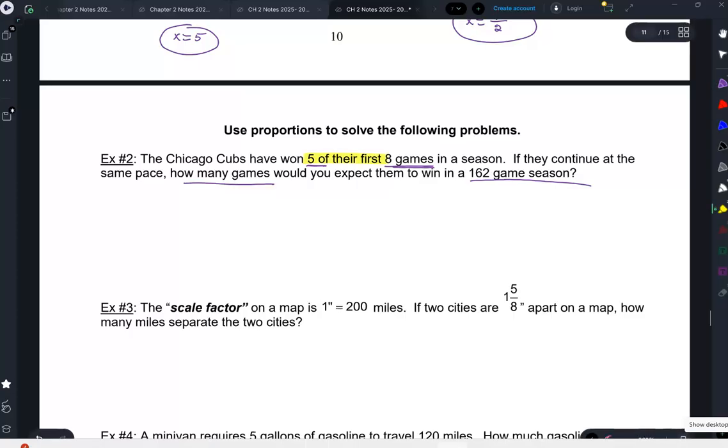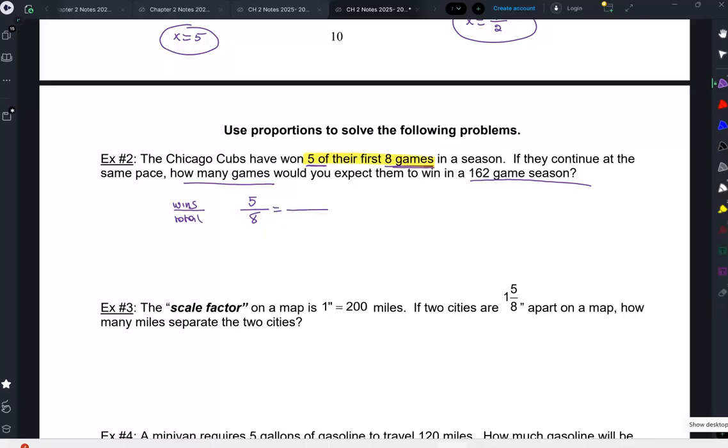Well, so we have to do it mathematically. First, I have to write a proportion. So this is going to be 5 to 8. Now, here's what's important. You have to keep track of which one you put on top, which one you put on the bottom. If you want, make a little key for yourself. It's wins out of total, right?